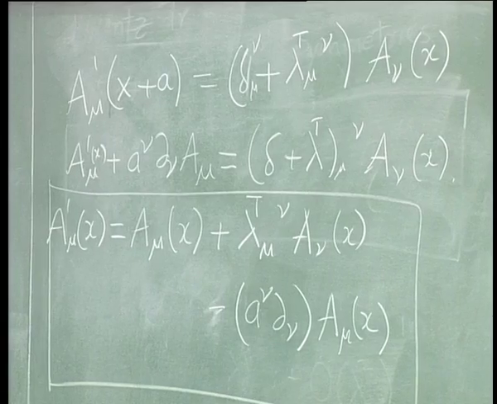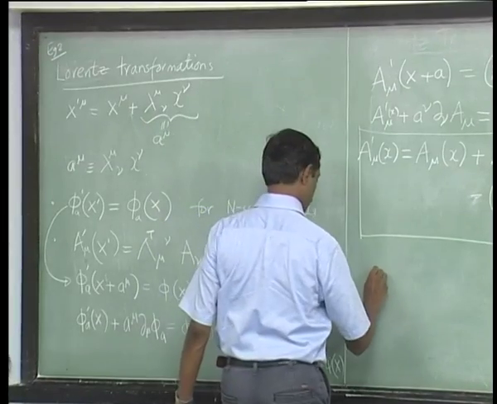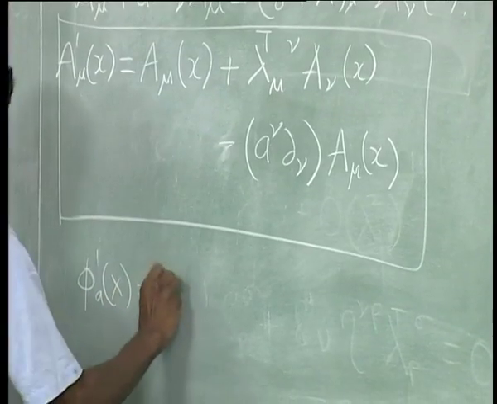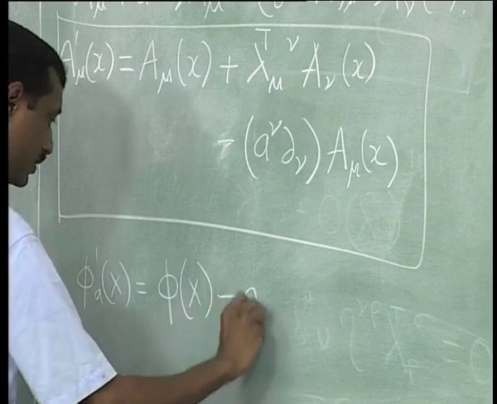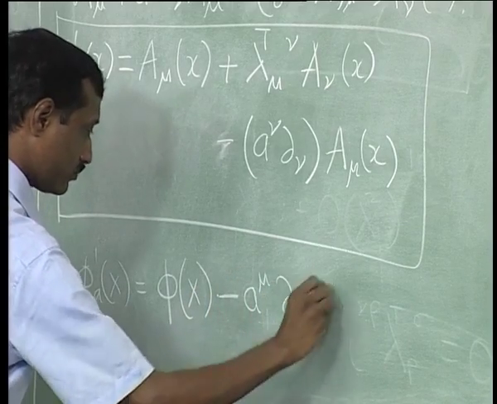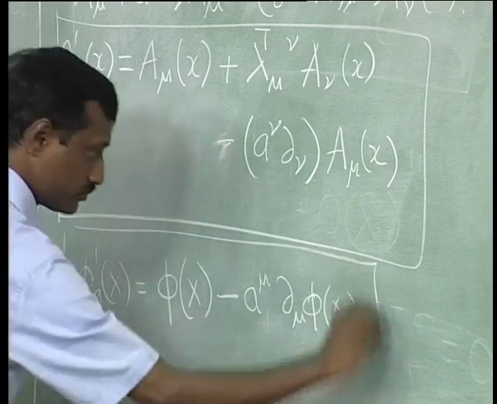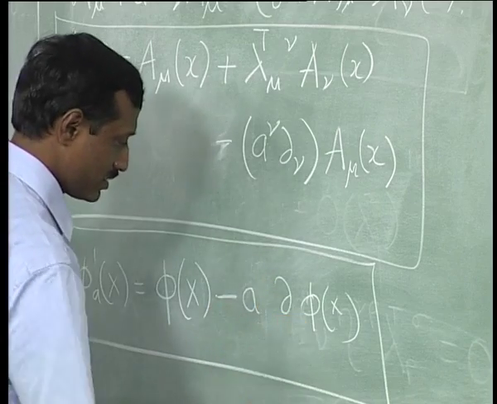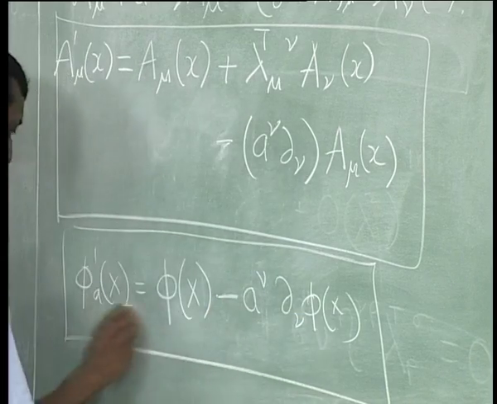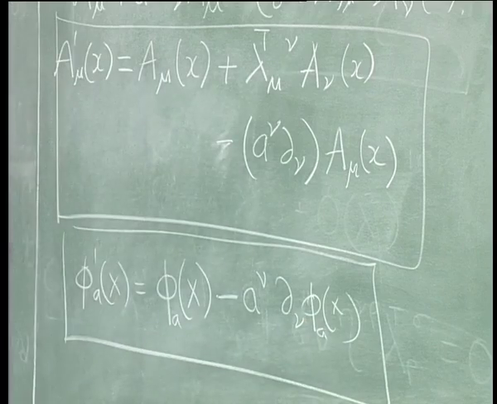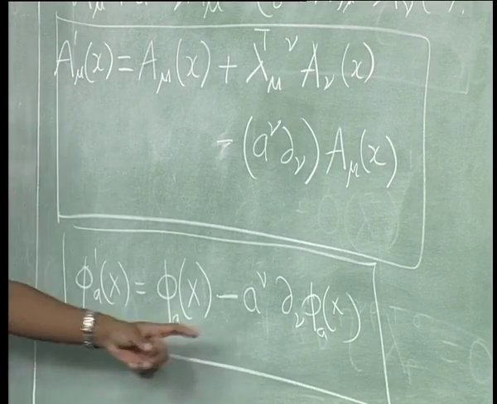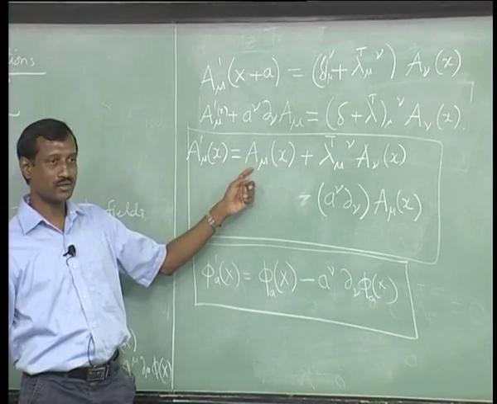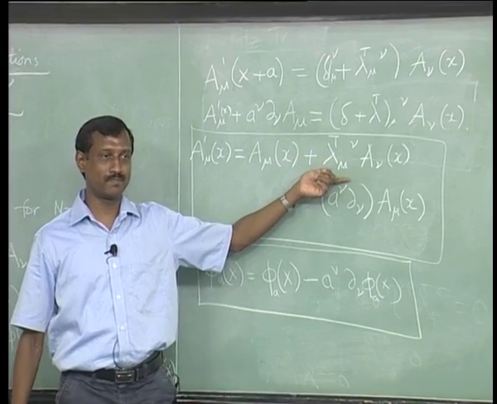And let me rewrite this here so that you can see it and compare them. Okay. And just to make the match more perfect, let me replace the dummy index. Okay. So, now you see that this term is common to both, but the fact that this is a vector field actually gives you an extra piece.